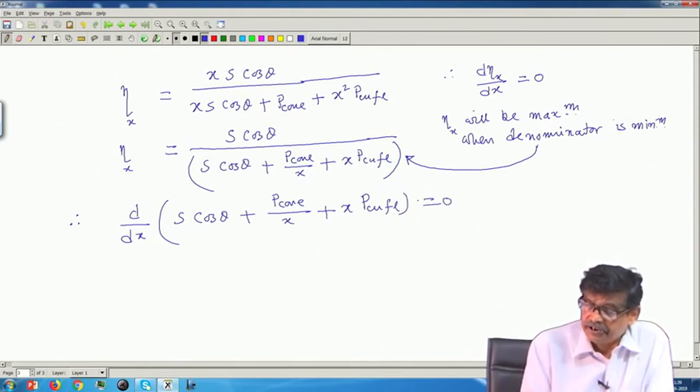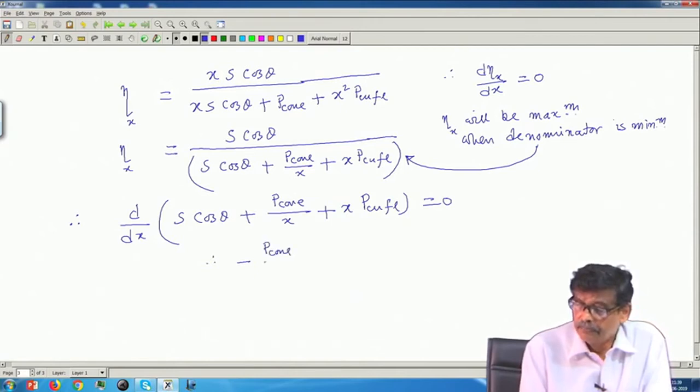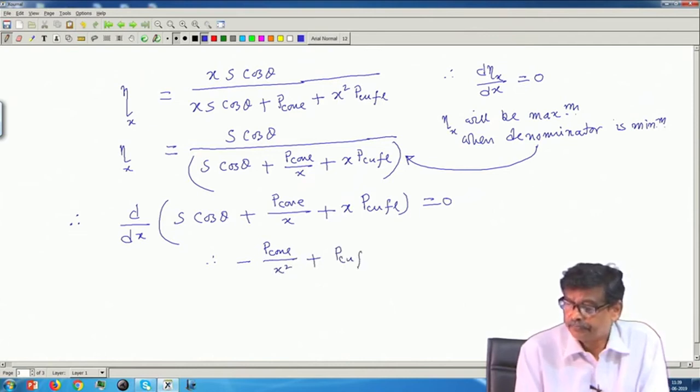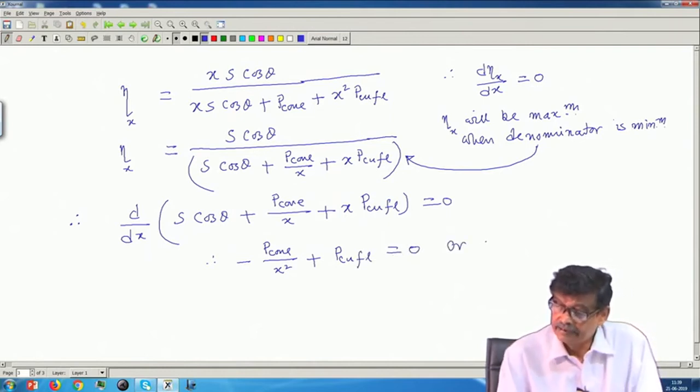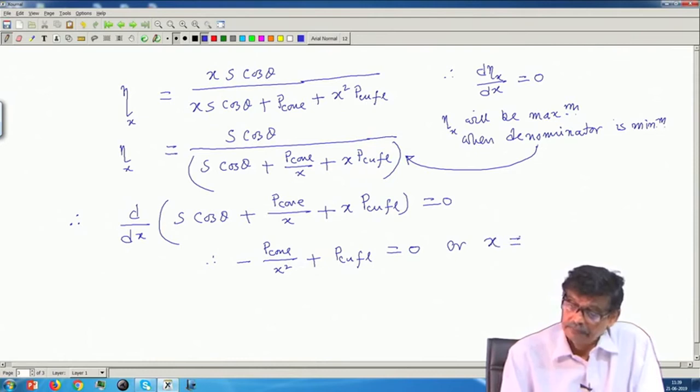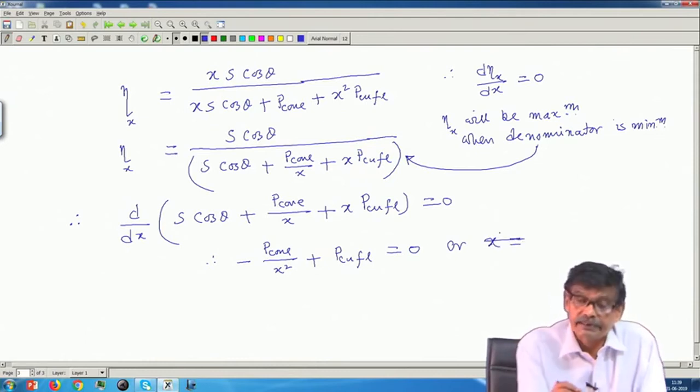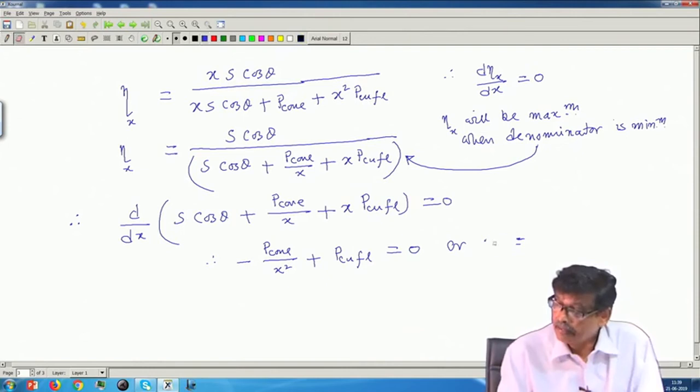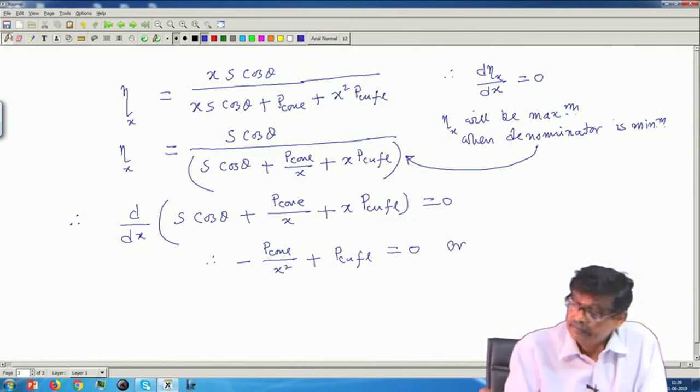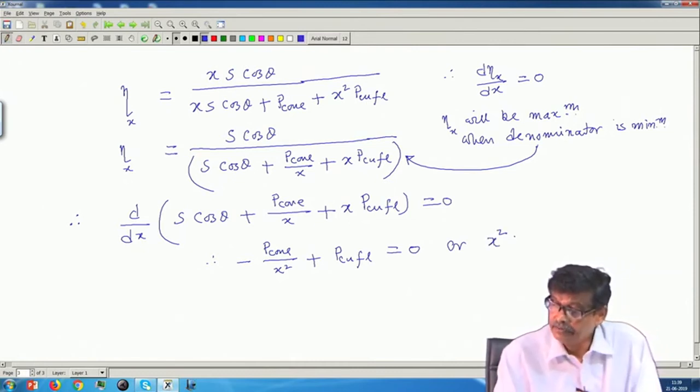So, if you differentiate, this will then become minus P core by x square plus P_CU full load equal to 0, or x square into P_CU full load is equal to P core.